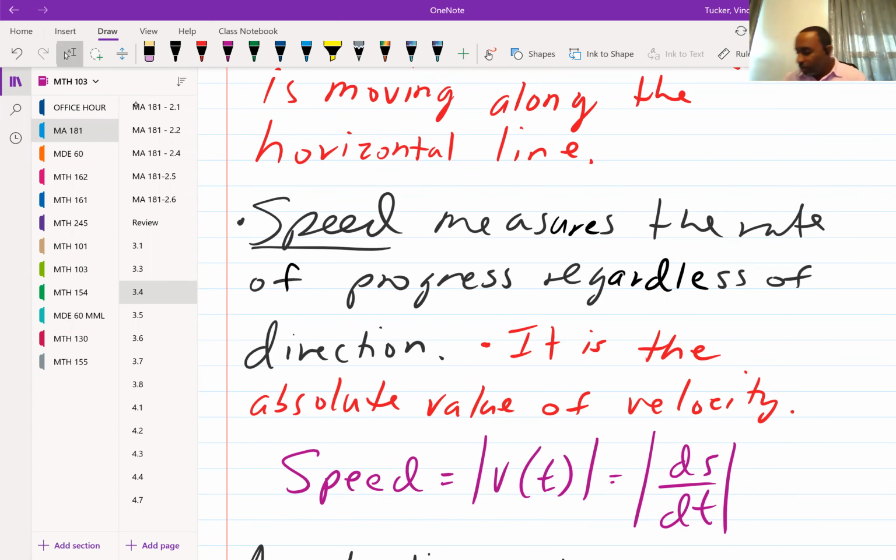Notice they spelled out the word speed. They didn't use S because remember S represented position. So I was throwing that out there.